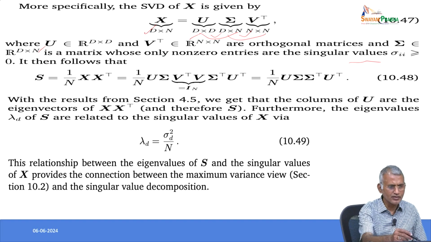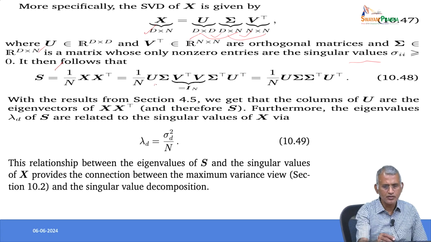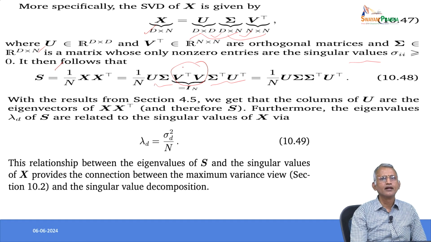It follows that S equal to 1 by n XX transpose, and this can be written as 1 by n into U Sigma V transpose and V Sigma transpose U transpose, where V transpose V is I and Sigma Sigma transpose is a diagonal matrix, therefore it satisfies S. So, the result of this section is that the columns of U are the eigenvectors of XX transpose.